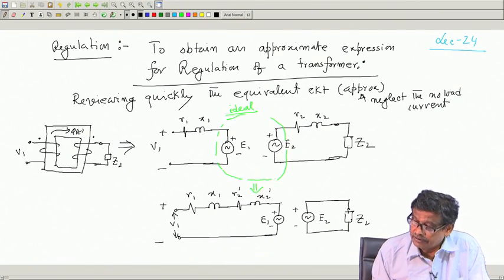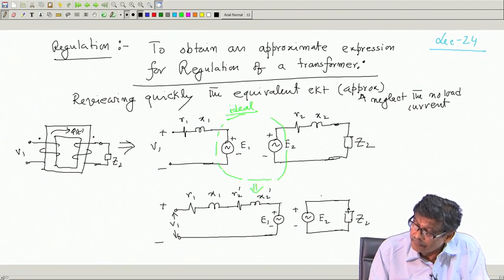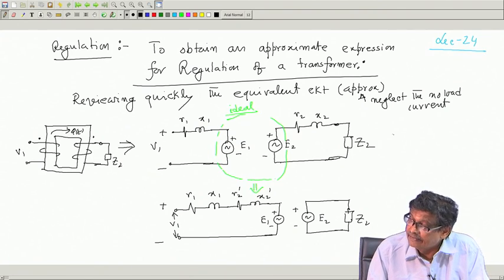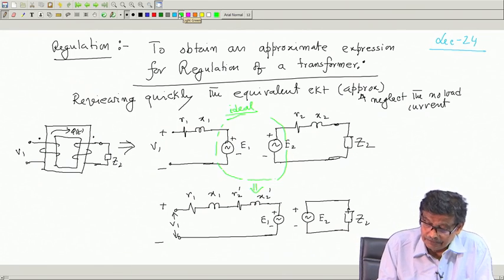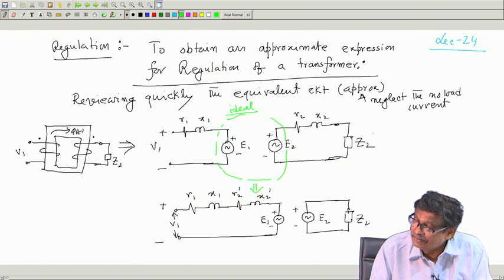This is equivalent to this. Or this can also be thought of, although space is less, but I will draw it here. This way you can also think of it.